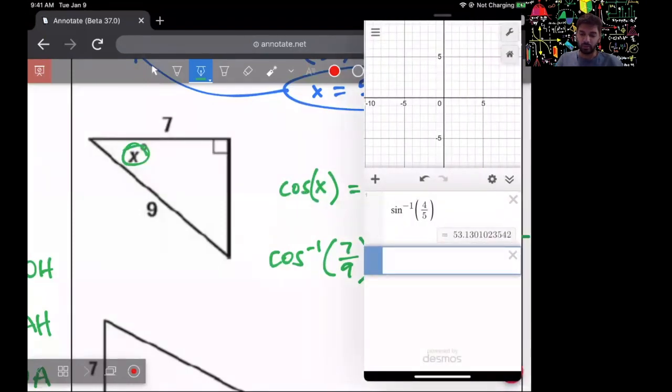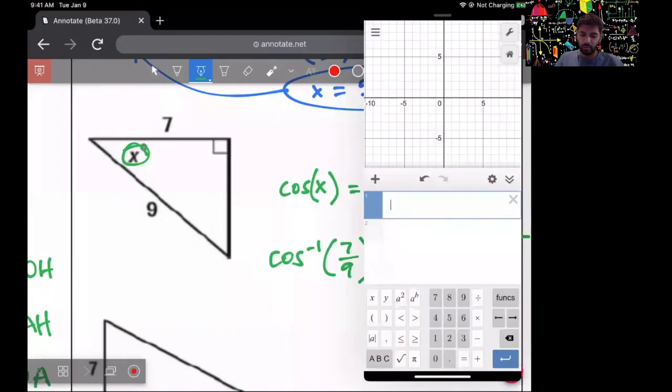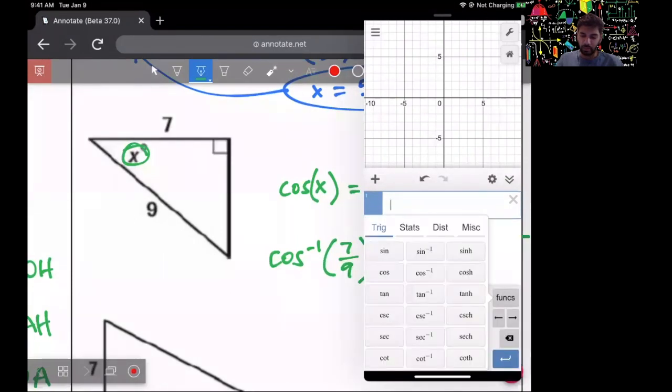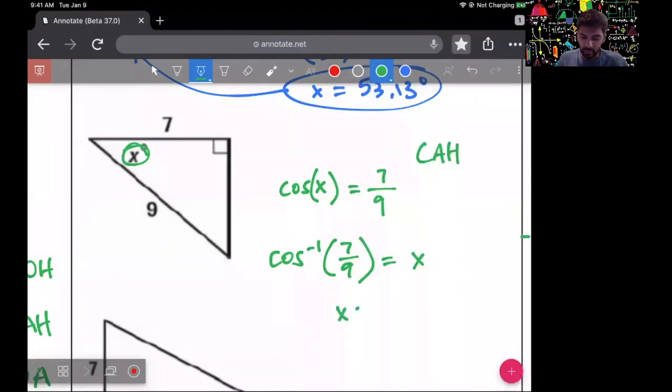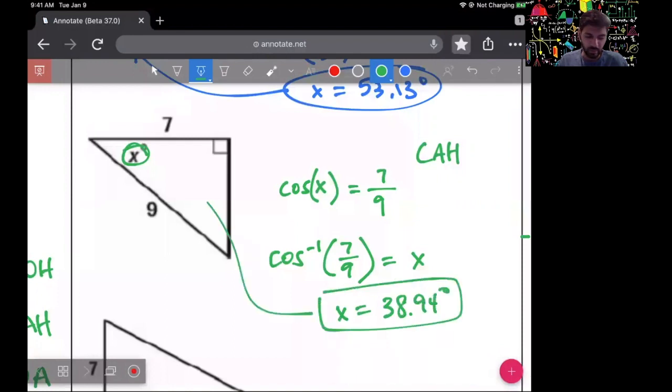Let's go back to our calculator. We're going to do inverse cosine of 7 over 9. There we go, 38.94. So here I have x equals 38.94 degrees. And that's the measure of that angle in there.